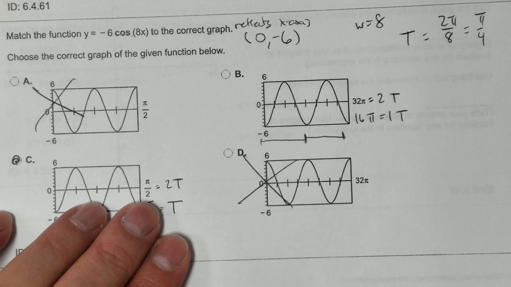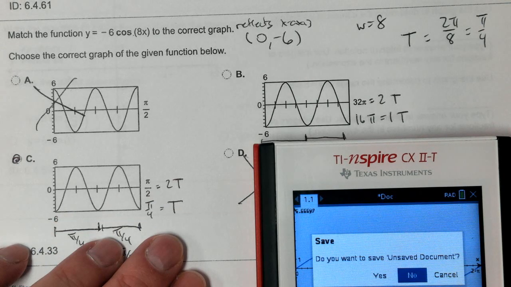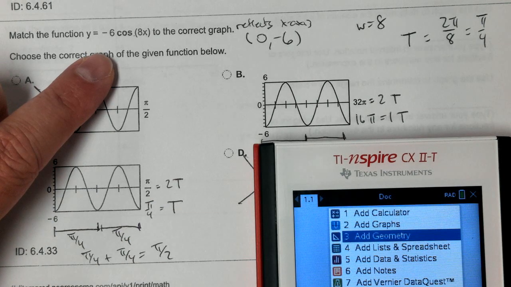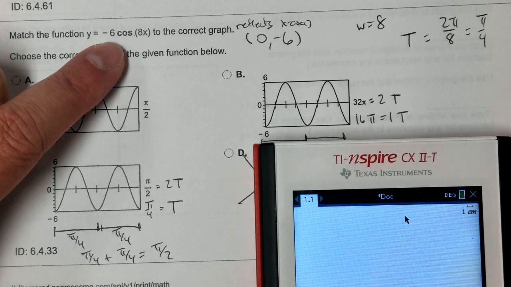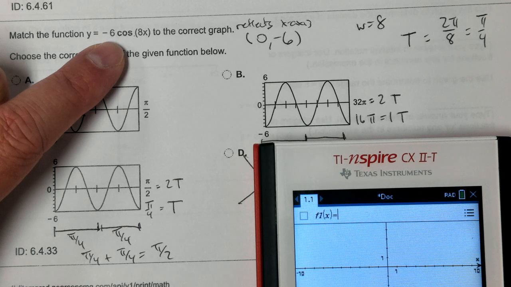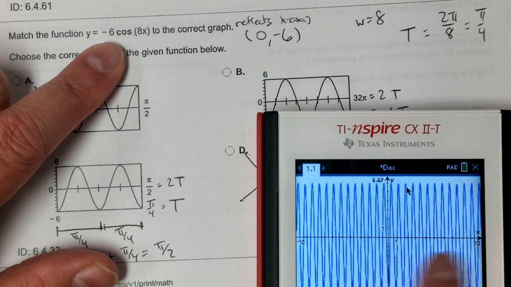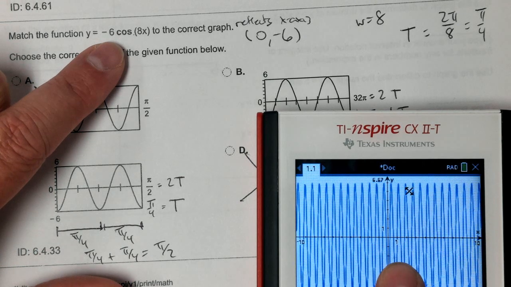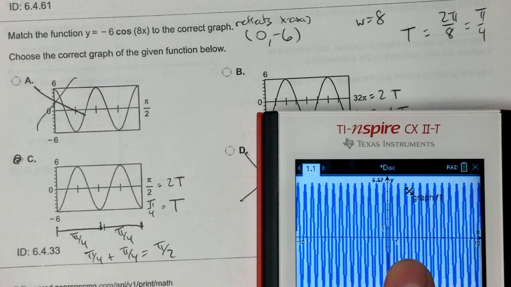Another thing you can think of is when you're graphing it, -6 cosine 8x. There's your graph. If it's extremely wavy when you do this, then that means it'd be the one with the small period.